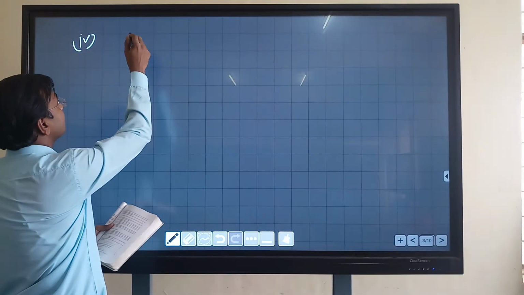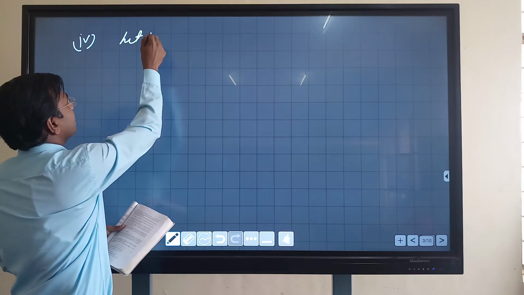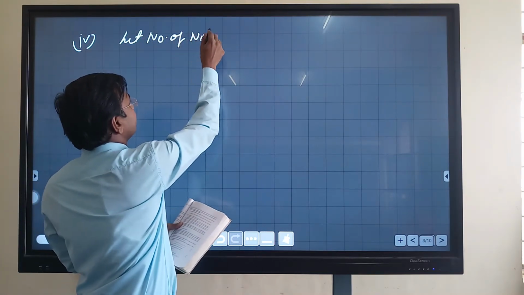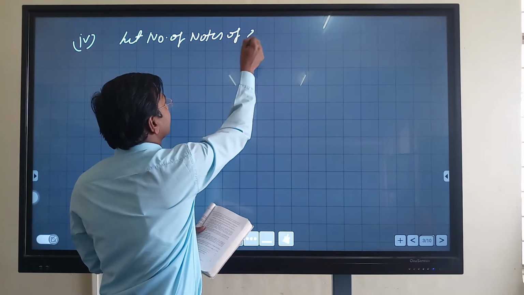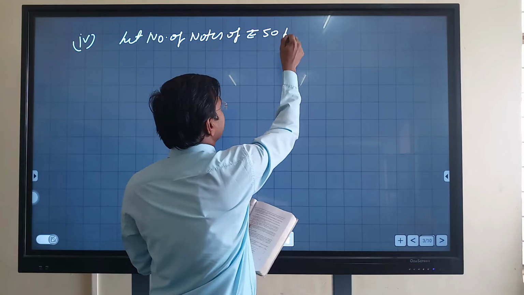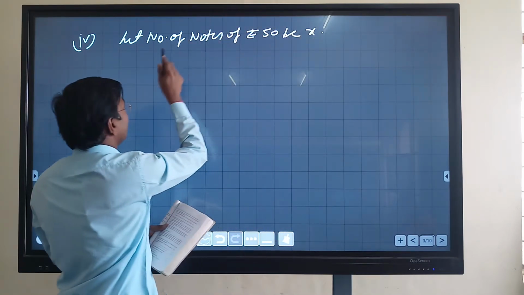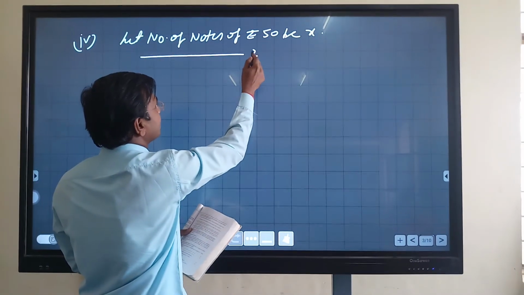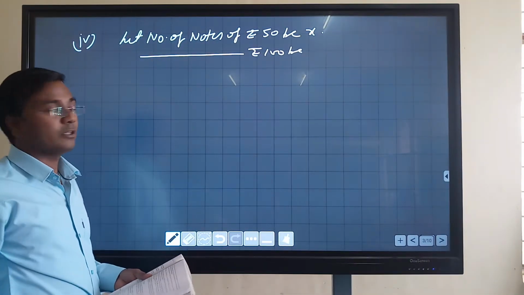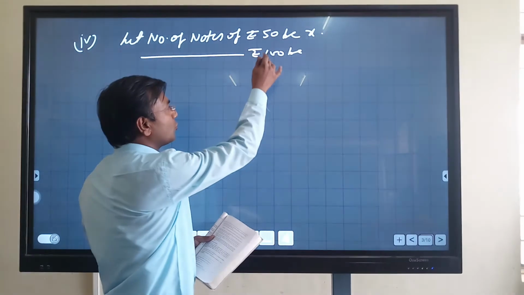We have to find, let the number of notes of rupees 50 be x, and the number of notes of rupees 100 be y. It means she has two types of notes, rupees 50 notes and rupees 100 notes.